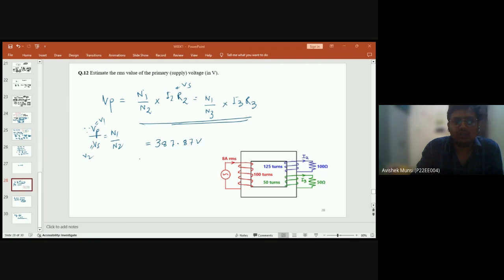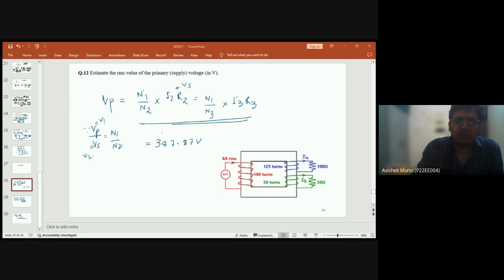We can write Vp by Vs equal to N1 by N2, right? But here, along with that, we have to calculate the voltage of this. So Vp by Vs can be either this one or this one. We can write the formula as Vp by Vs as I2R2 or I3R3.